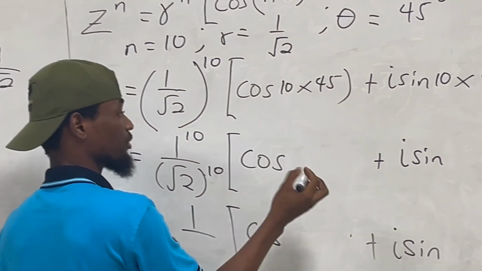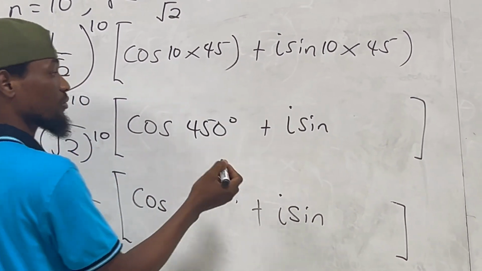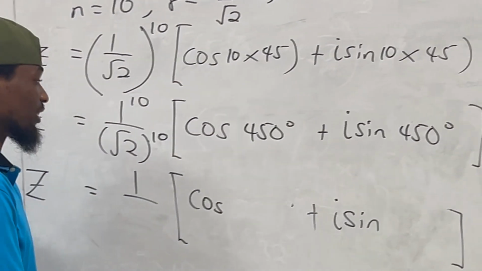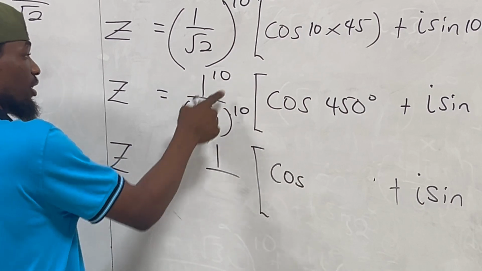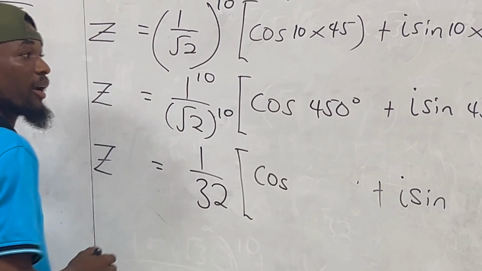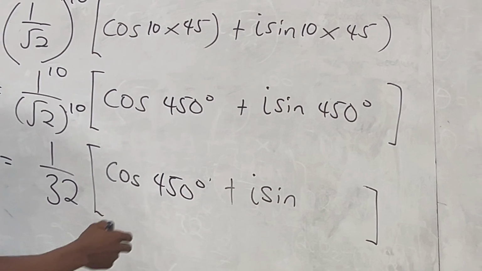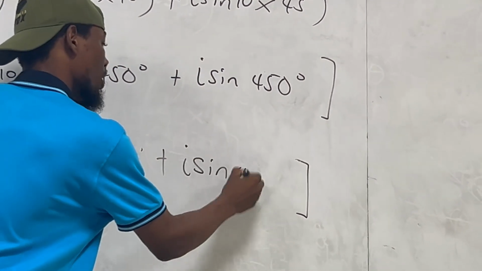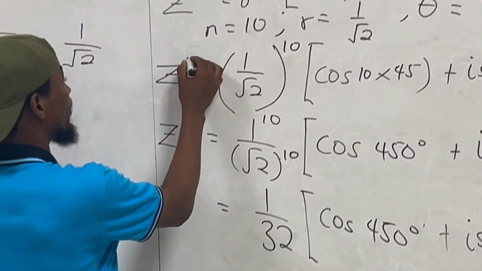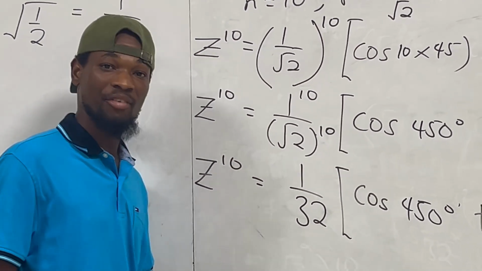So we have cos of 10 times 45, which is 450 degrees, then the same for sine, 450 degrees. When you compute this, you get 1 over 32, multiplying cos 450 degrees plus i sine 450 degrees. This is the final answer.